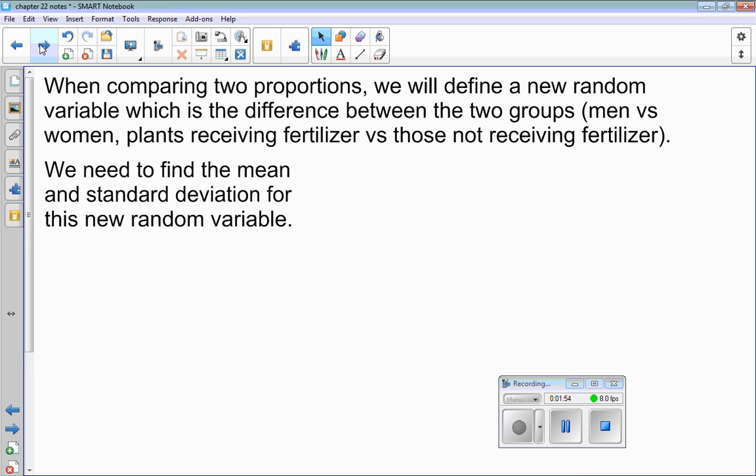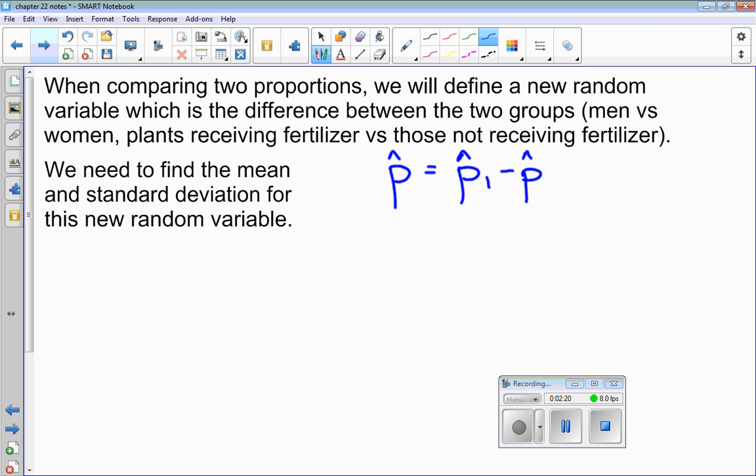All right, so when we are comparing two proportions, we're going to define a new random variable, which is the difference. So when we talk men versus women, plants receiving fertilizer versus not fertilizer, that kind of thing. What I mean is this. We're going to be looking at a new p-hat, and it's going to be the first sample minus the second sample.